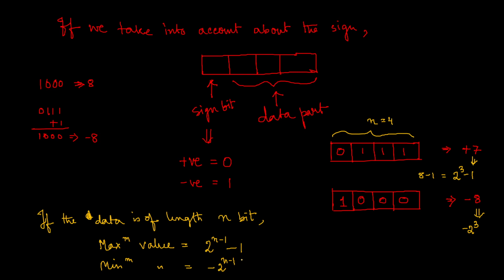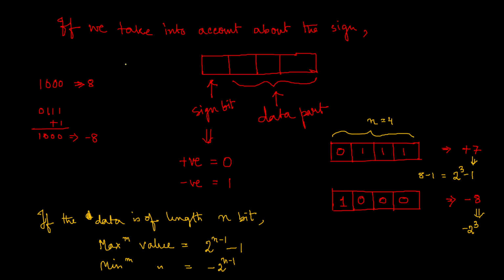Now why are we talking about all this? If you are able to understand this point, the range of different data types will be totally crystal clear for all of you. To realize this, you have to understand and remember what the value of n is for different data types.